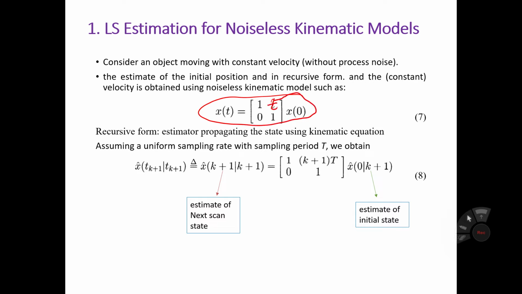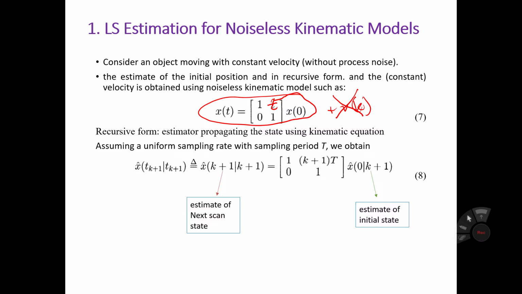Here we are not adding the v of k, so the system is the noiseless kinematic model. In the recursive form, the estimator propagates the state using the kinematic equation like above.